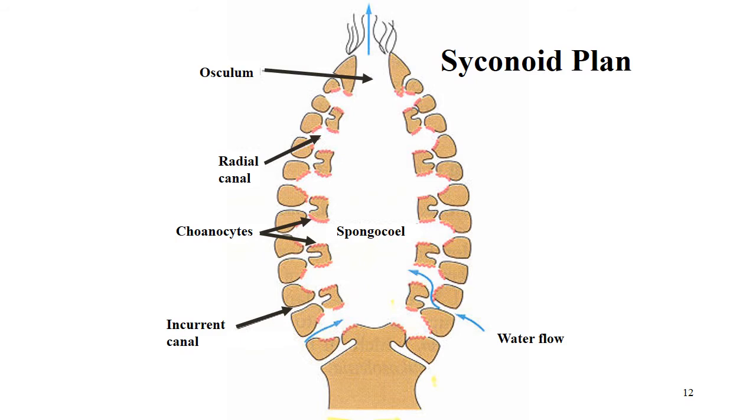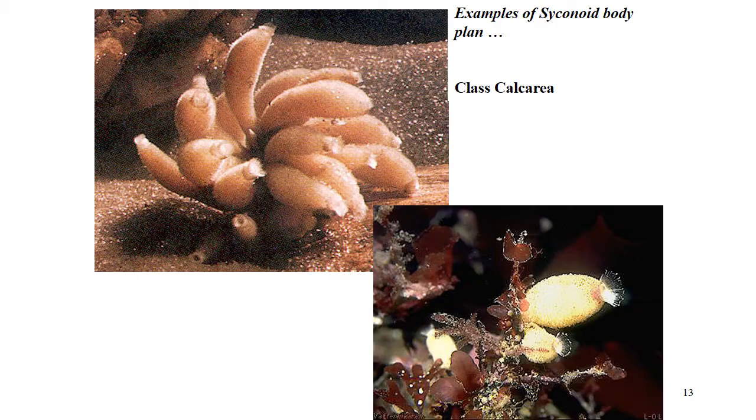As a result, because they can recruit more food, they grow larger. But water still flows in the incurrent canals through the help of the choanocytes into the spongiocele and out to the osculum. This is a real good look at descent with modification. And again, class Calcarea is comprised of the asconoid and the syconoid body plans.